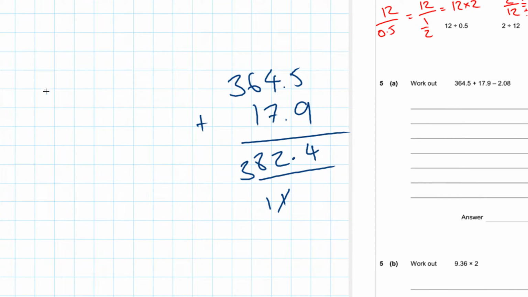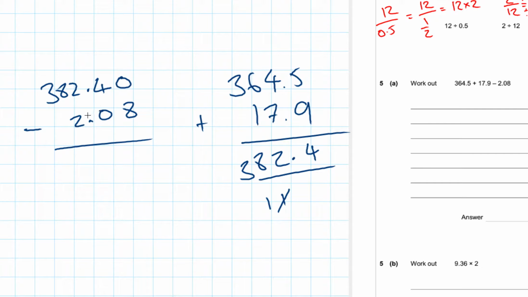So please don't forget to do this step. So 382.4, subtract away 2.08. Now notice here that you've got more decimal places than you have in 382.4. So we need to add a 0 in here.